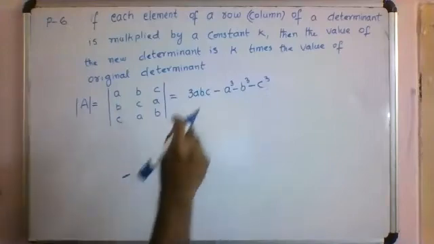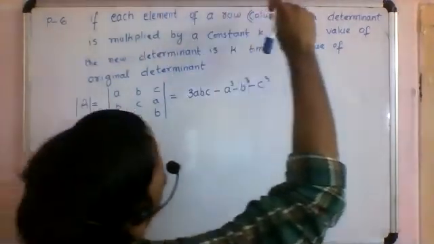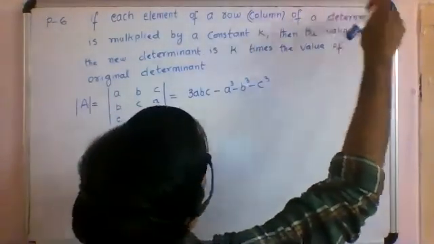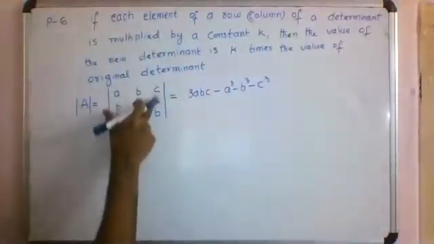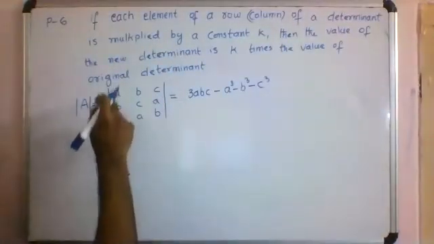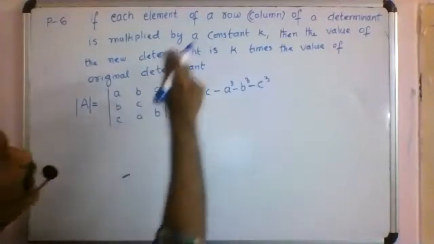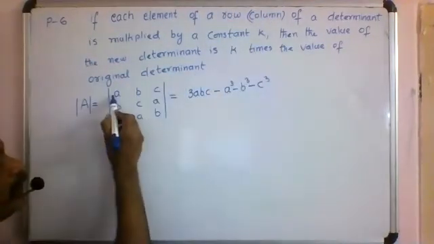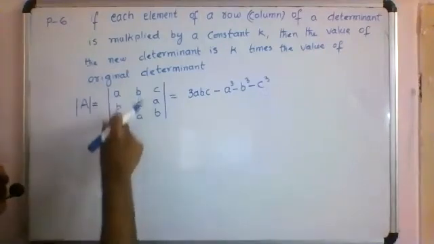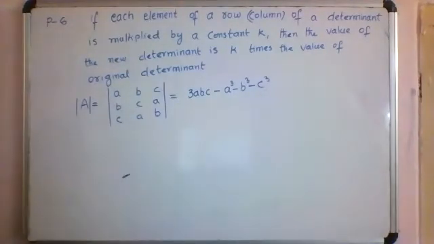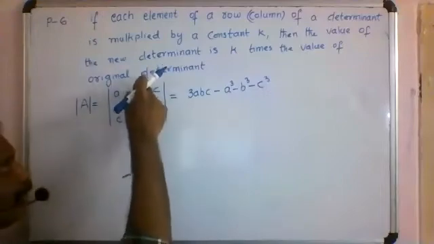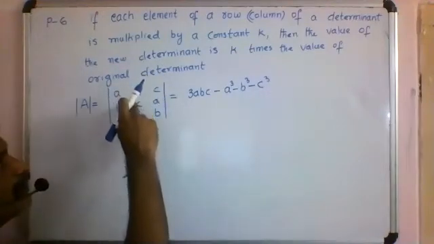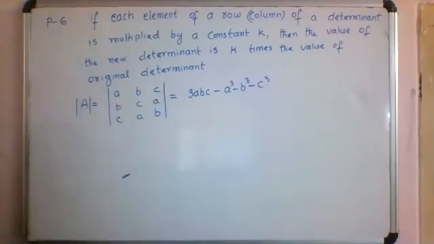Now what he is saying: if each element of a row or column of a determinant is multiplied by k, say if I select the first column, you multiply throughout the elements of the column by k, or if you select the second column, multiply each element of the second column by k, and observe its determinant.